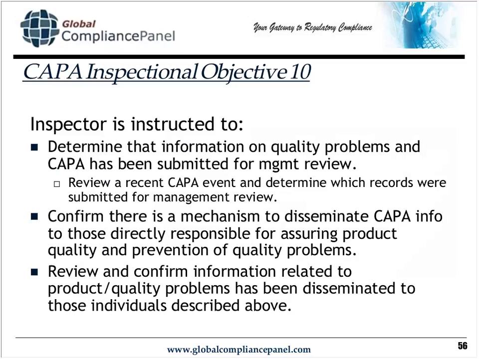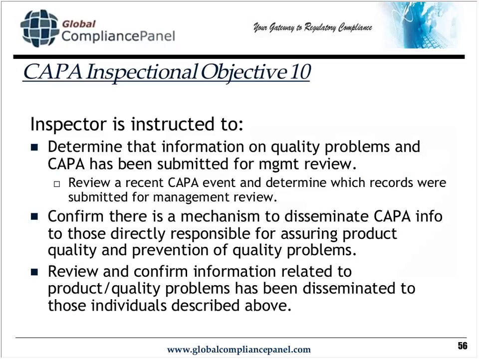Some information on CAPA needs to be presented at your management review. So the inspector is going to look at the recent CAPA event and see to what extent it was submitted for management review. I can tell you from years of experience that as long as you have some record of your CAPAs in your management review, you're going to be okay.